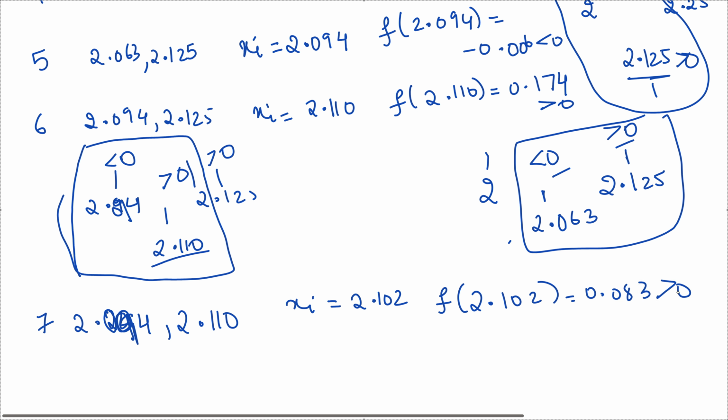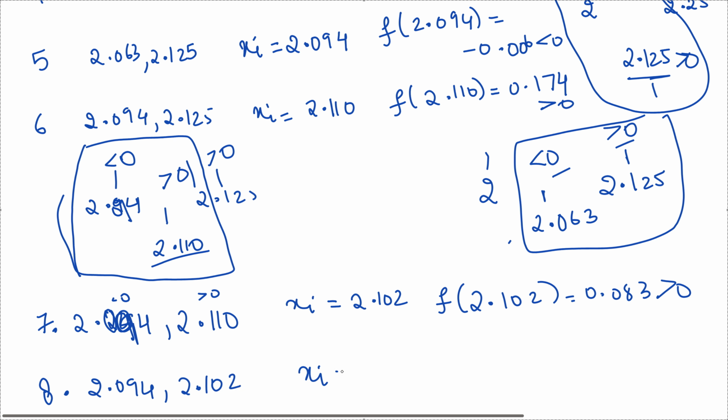Now greater than 0. So now tell me what would be our interval? So we had this one less than 0, this one greater than 0, right? And we have got something greater than 0. So if you got something greater than 0, you'll include the lesser one, correct? So the next interval is 2.094 comma 2.102.